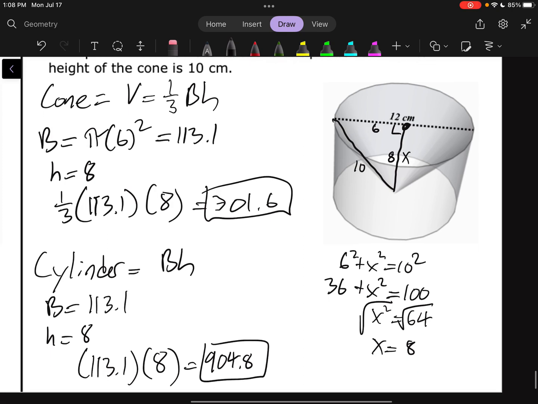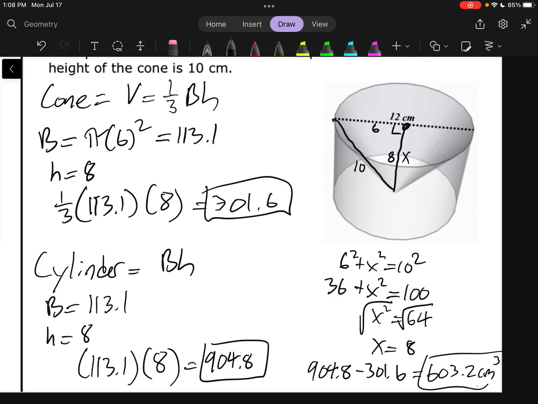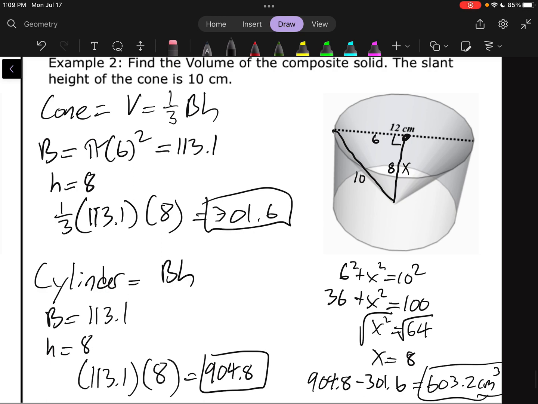And then we just got to subtract those. So 904.8 minus 301.6. It's going to give me 603.2 centimeters cubed. So hopefully that went well for y'all, and that's going to wrap this video up.